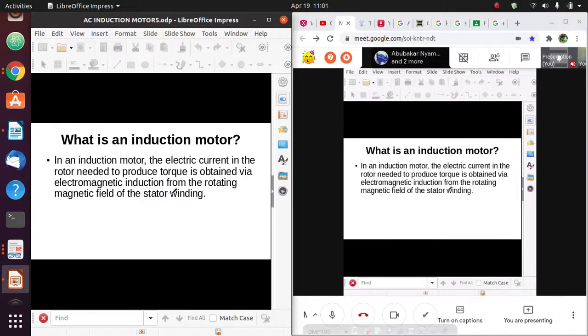Now, what is an induction motor? The basis of an induction motor is that you will have electromagnetic induction happening. Once you supply AC current into the stator windings, we have a magnetic field which is produced. Now this magnetic field induces current in the rotor because the rotor circuit is usually shorted. So a current is produced. Once a current is produced, this rotor also generates its magnetic field.